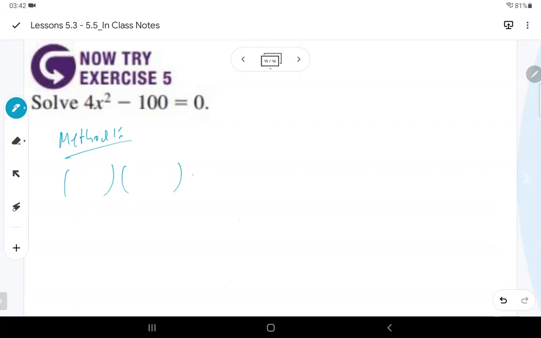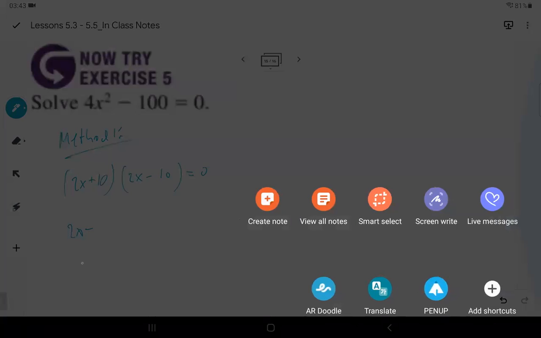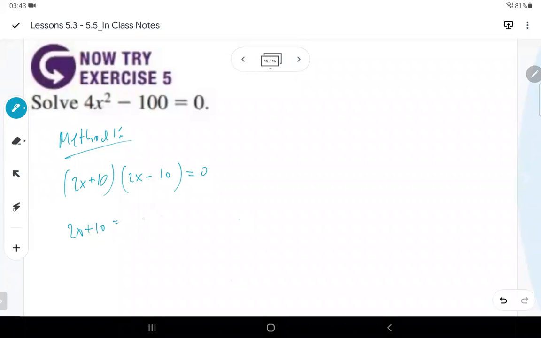And we could have 2x, 2x, and then plus, because we get that by the square root of 4x squared, and then we would have plus 10 and minus 10. Set them both equal to 0.